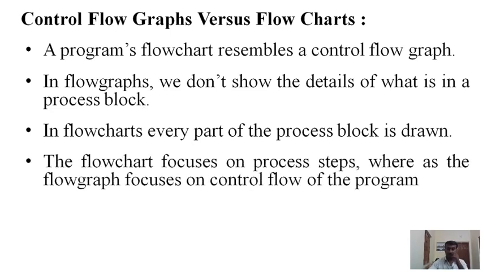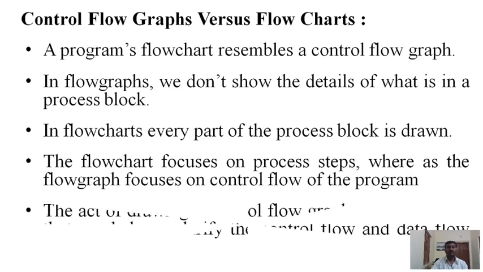The flow chart focuses on process steps, whereas the flow graph focuses on the control flow of the program. Flow graphs mainly show and concentrate on the control flow of the program, but flow charts focus on process steps. This is the main difference between flow charts and flow graphs.